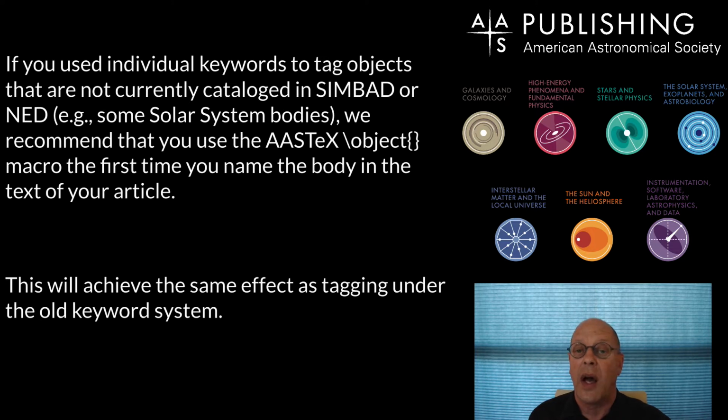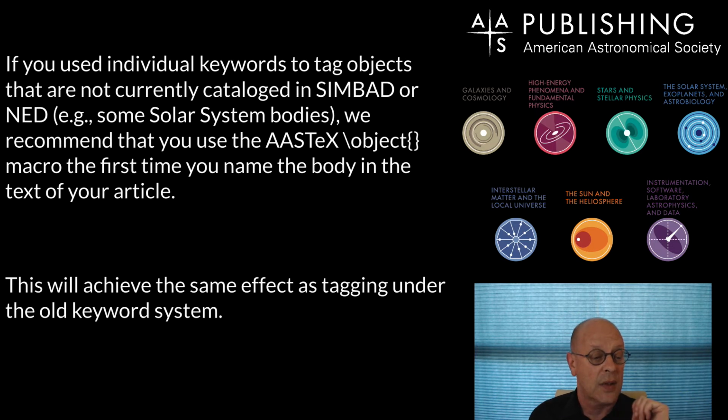This will help identify the object. While we do it automatically, if you want to be really sure, go ahead and use the \object{} curly brackets. This is going to achieve the same net effect as tagging very specific objects in the old keyword system.